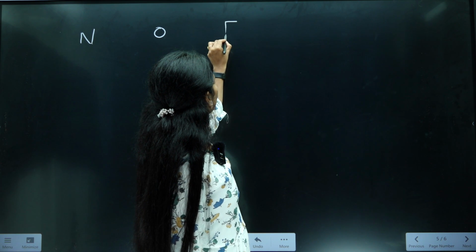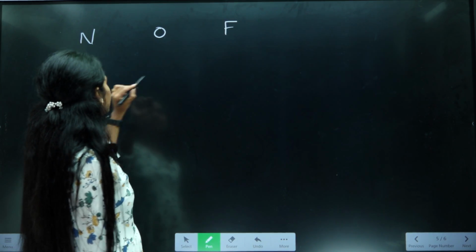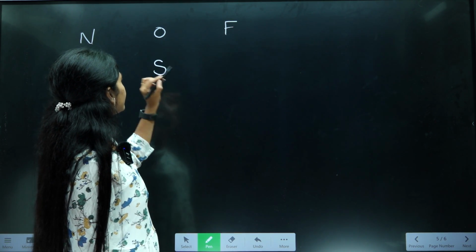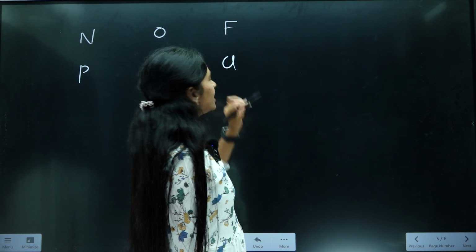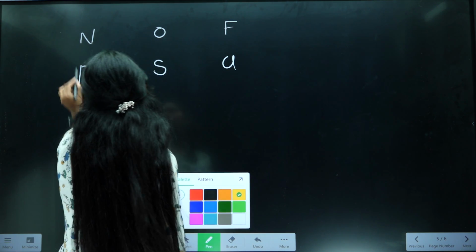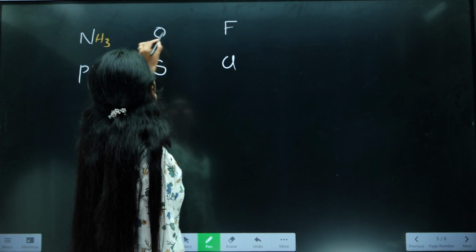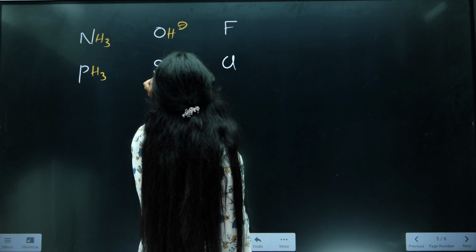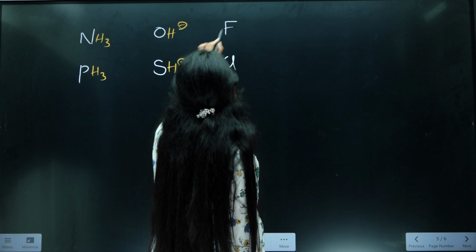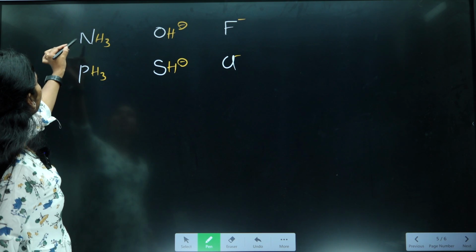Next element fluorine. Okay. Nitrogen, next element is phosphorus. Oxygen, next element is sulfur. Fluorine, next element is chlorine. What I do is I'll make NH3, PH3, OH minus, SH minus, F minus, Cl minus. See, like this I am framing a question.